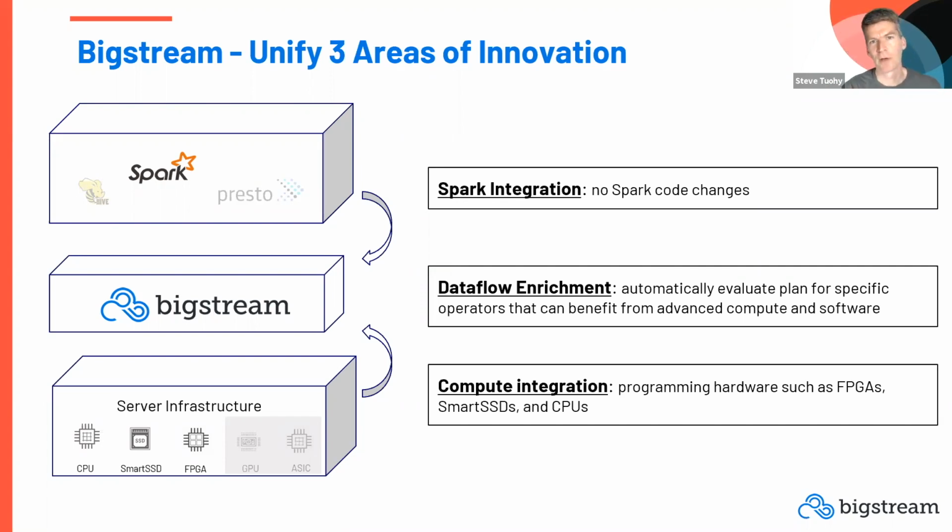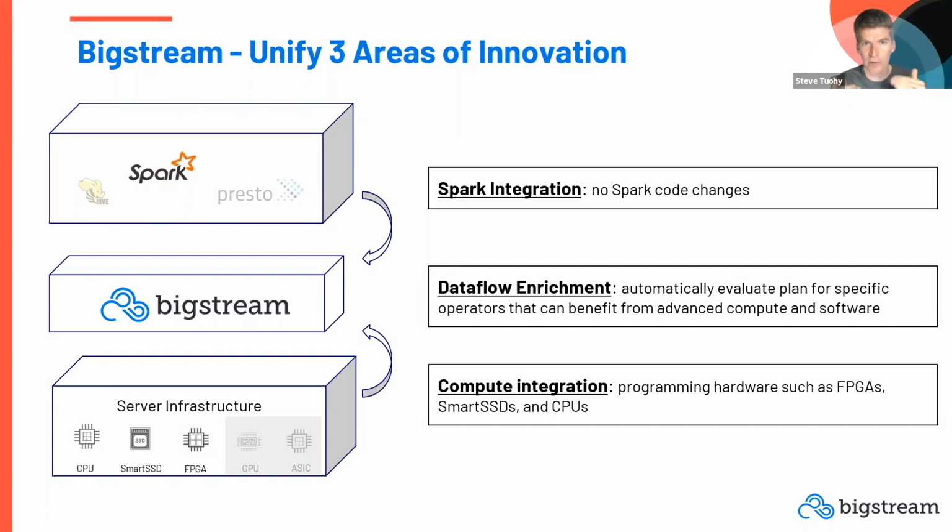This middle piece, again, I've touched on it, and we'll go a little deeper. Bigstream examines Spark's physical plan. Spark and other big data platforms all have a data flow they generate, and Bigstream, in an automatic fashion, evaluates each component, each operator, to determine which can benefit from the acceleration that comes from software or advanced compute that we've talked about, like a SmartSSD.